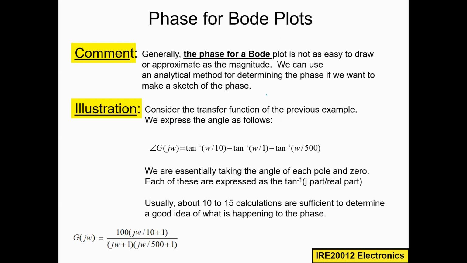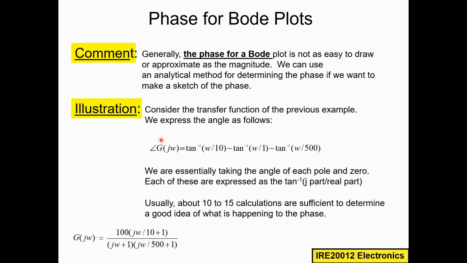So far we talked about the magnitude. Now the phase. Generally, the phase for a Bode plot is not as easy to draw or approximate as the magnitude, so we can use an analytical method for determining the phase if we want to sketch it.